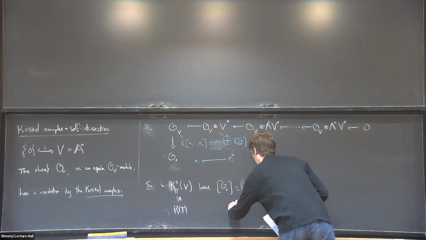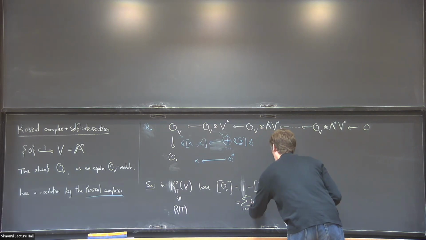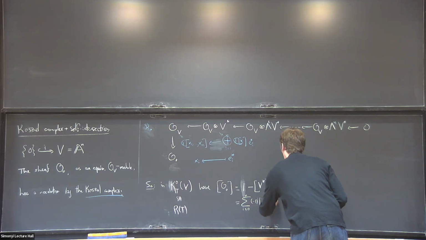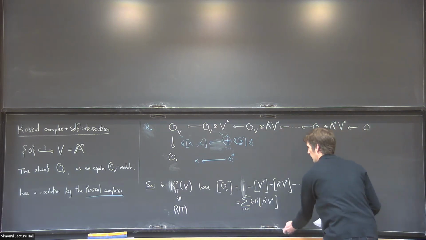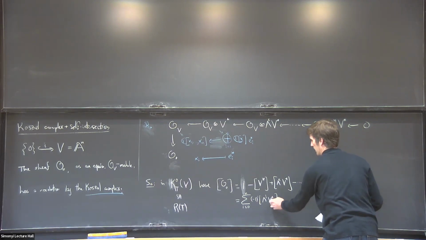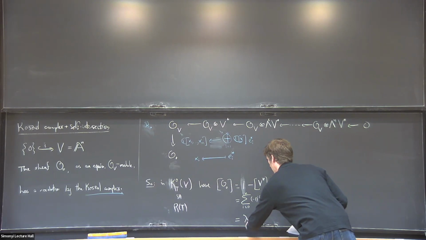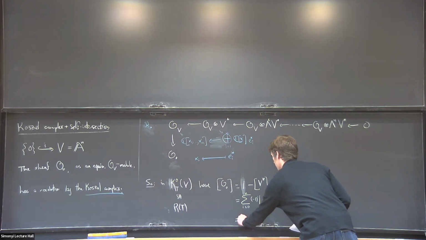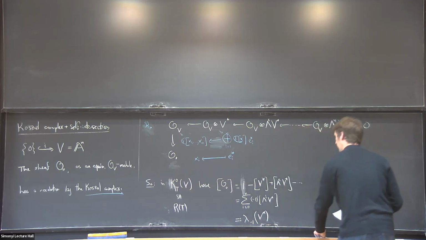Okay, so if I write that in one line, that's the sum over i from 0 to n of (-1) to the i, wedge i of V dual. This particular operation associated to a vector space or a vector bundle is called lambda minus 1. So this is a definition.